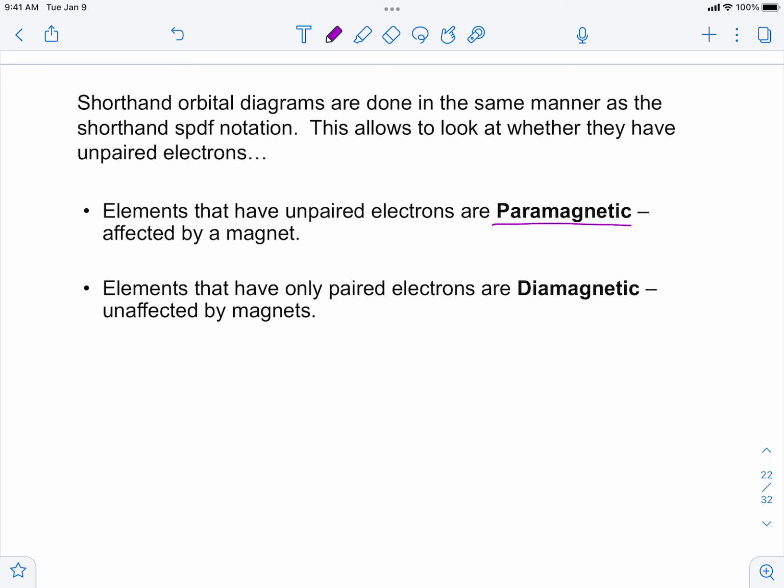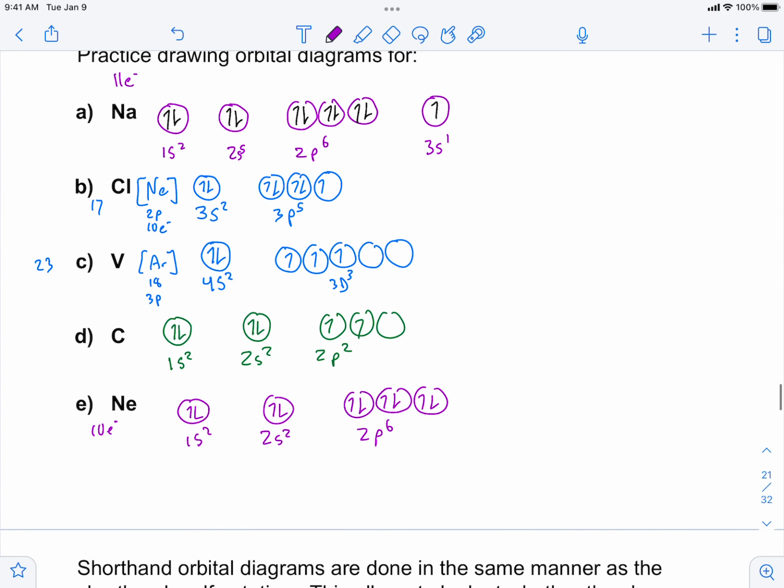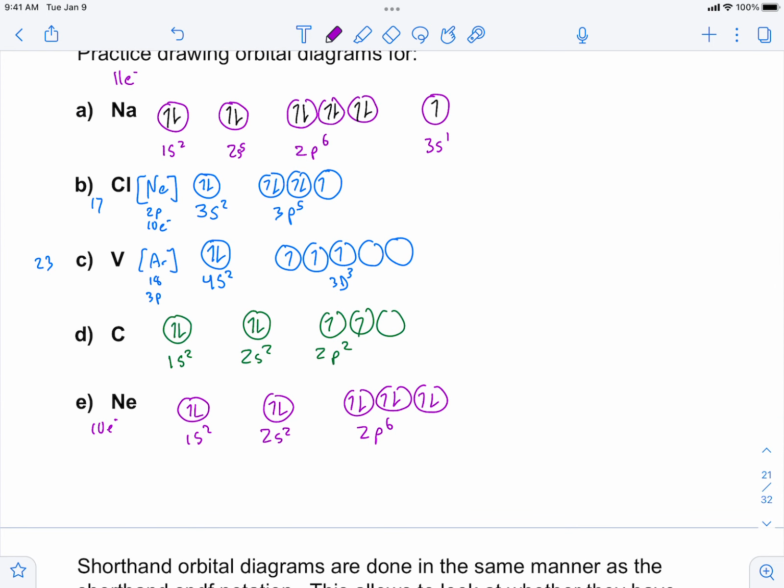But if they have only paired electrons, that's diamagnetic, unaffected.